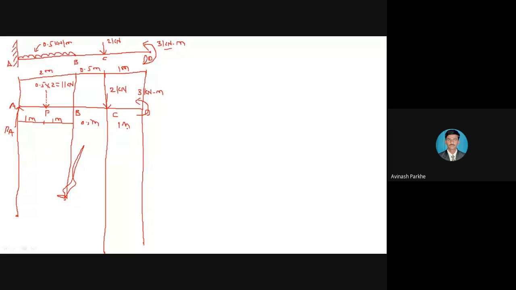Now we have to go for the reaction calculation. Only one reaction is there, that is summation of Fv is equal to 0. RA, it is moving upward, therefore positive, minus UDL converted into the point load 1, minus another point load 2, is equal to 0.